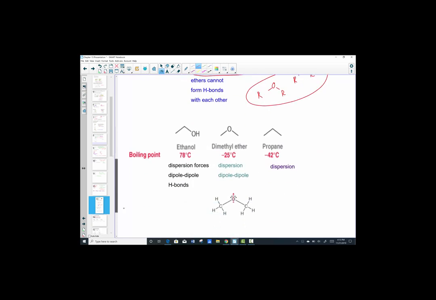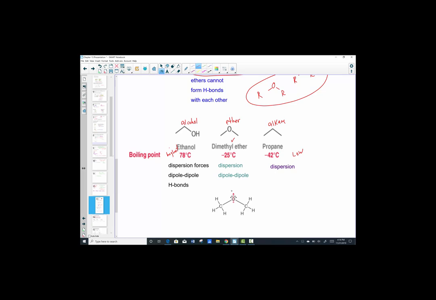So based on that, you just see boiling point trends. The alcohols have the highest boiling point of all because they have dispersion, dipole-dipole, and hydrogen bonds. By the time we get to an ether, we've eliminated hydrogen bonds, and by the time we get straight to an alkane, all we have left is dispersion. So they have very low boiling points, increased molecular attractions to an ether, and the highest of all, with all three intermolecular attractions, would be the ethanol.